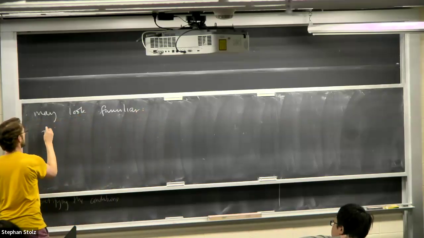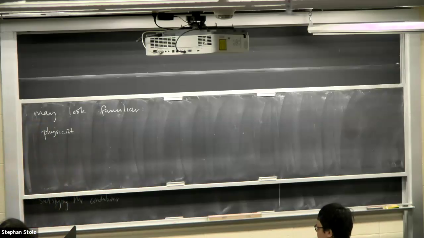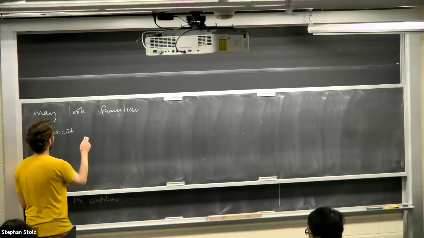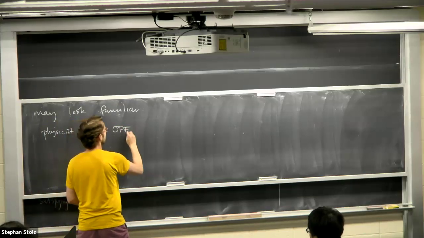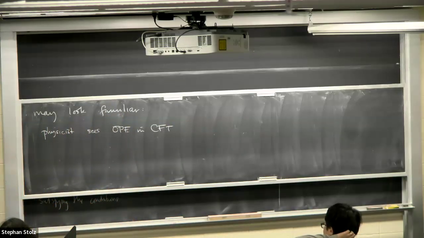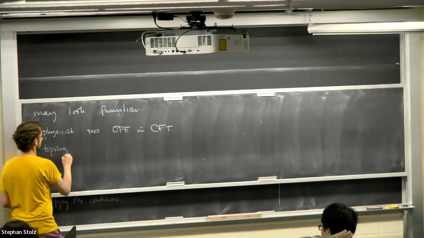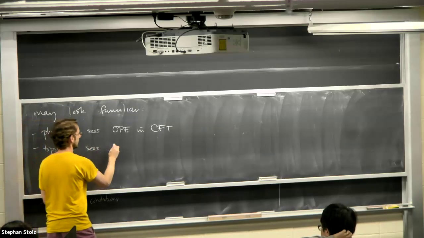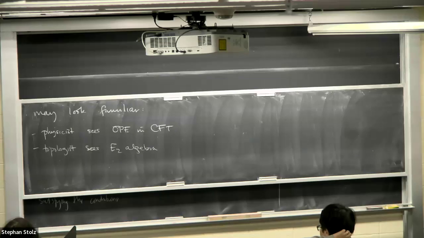The kind of picture I have in mind here is two disks inside of a bigger disk. A physicist might see the OPE, operator product expansion, in a conformal field theory. You have an operator here, and it gives you an operator here. A topologist sees that they give an E2 algebra, an algebra over little 2 disks.